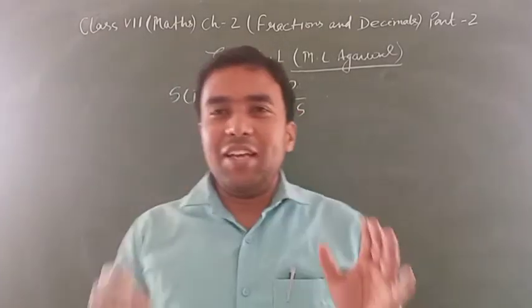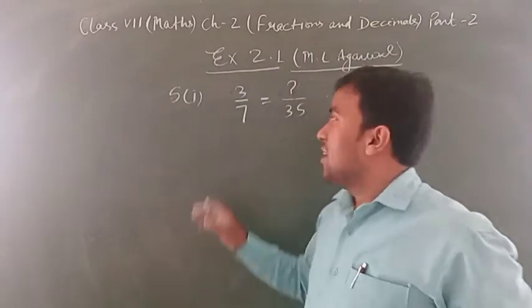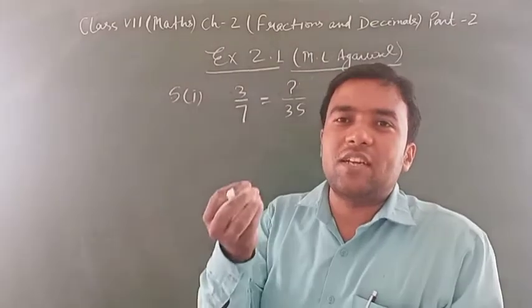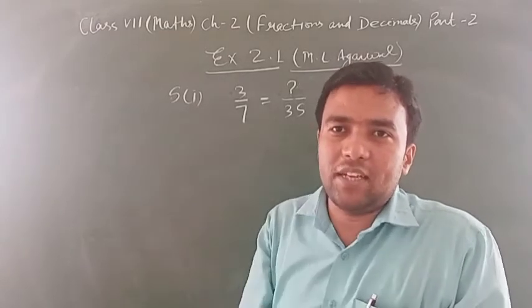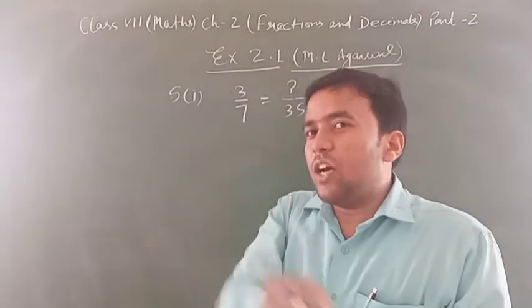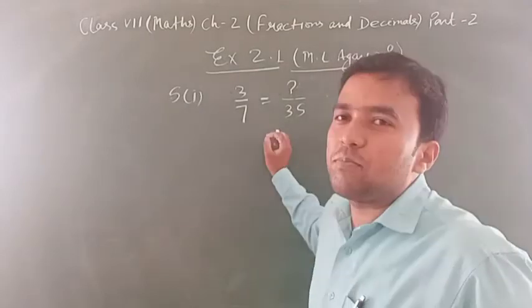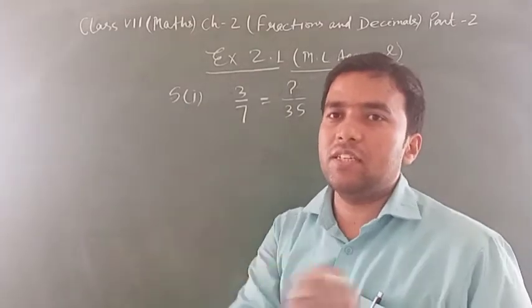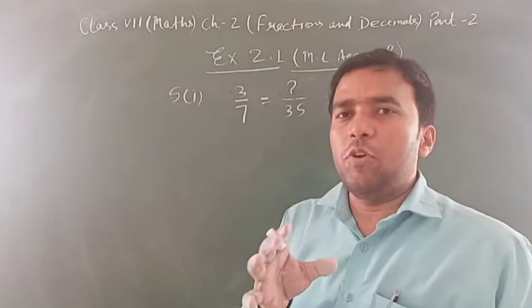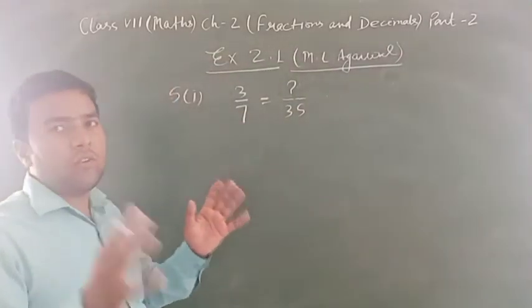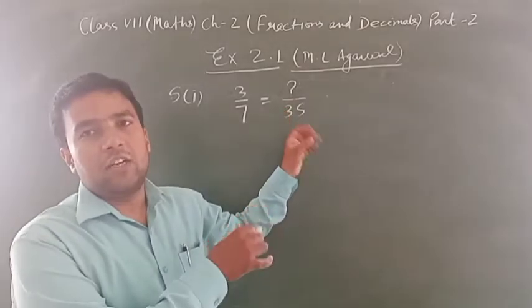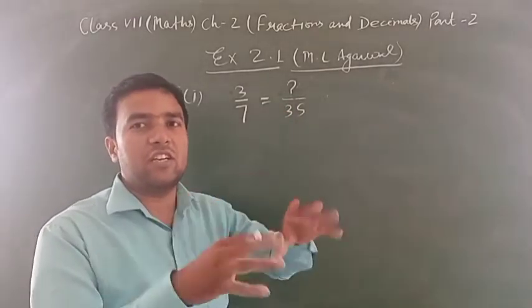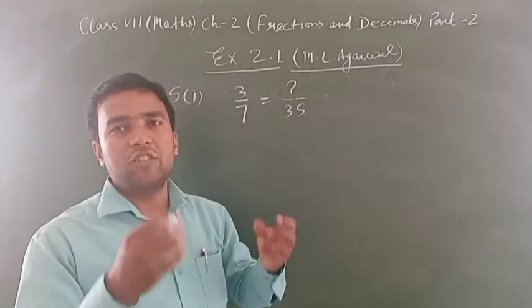If in fraction form the question is asking which is greater, which is smaller, which is equal, or fill in the blanks, note down this: you do cross multiply. That is a very easy method. Nothing else you will do, only cross multiply. When you do, you will get that number. And you can also write which is greater, which is smaller, which is equal.